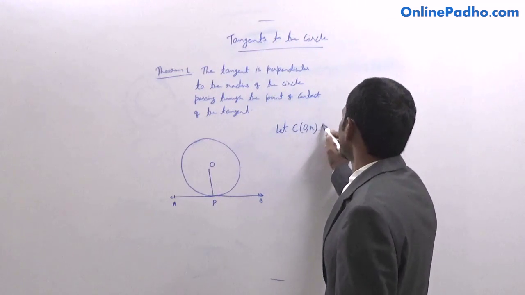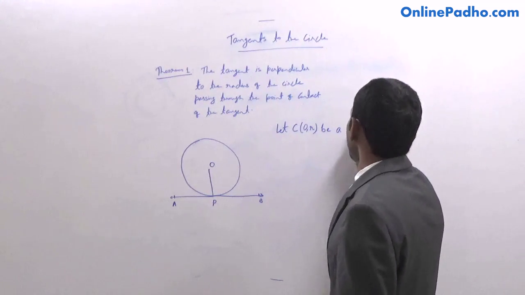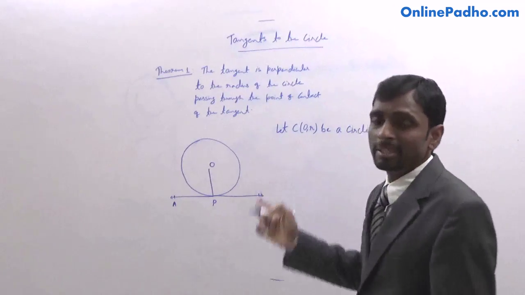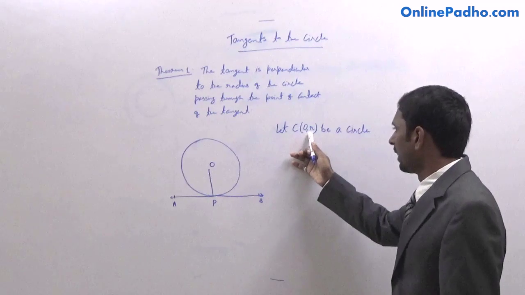Let C(O, R) be a circle. What do you mean by C(O, R)?